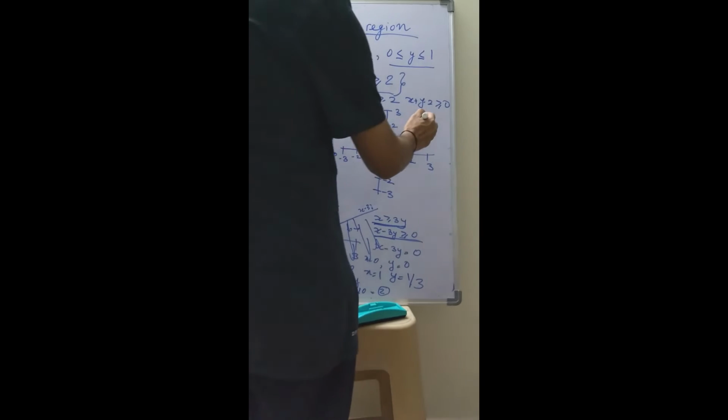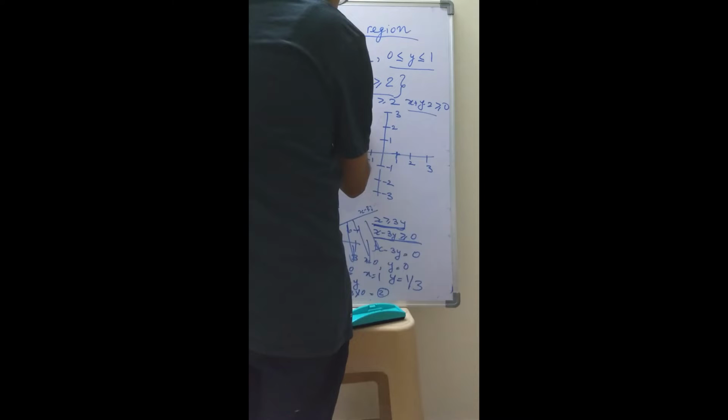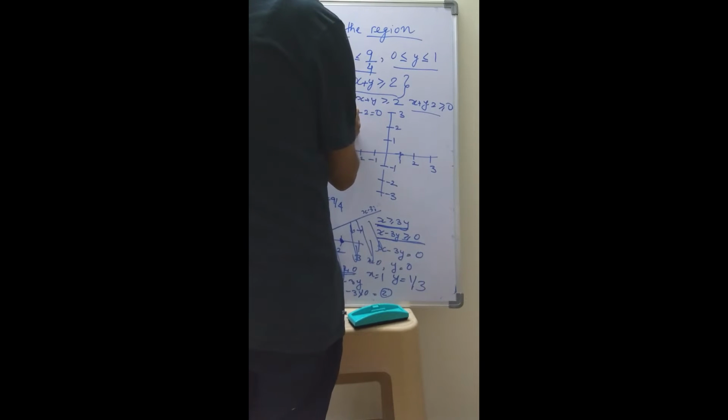Now first, remember what we need to do? You need to find the line which represents this equation x plus y minus 2 is equal to 0. How do we do it? Remember, let's assume x is equal to 0. At that point, what is the value of y? We put x is equal to 0 in this, and y minus 2 is equal to 0, so y is equal to 2.